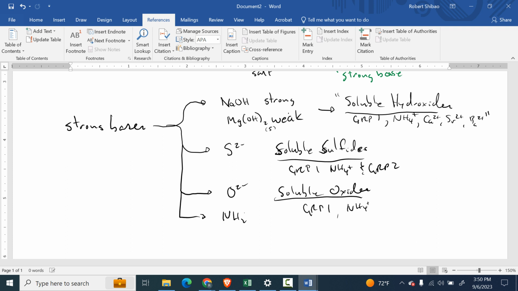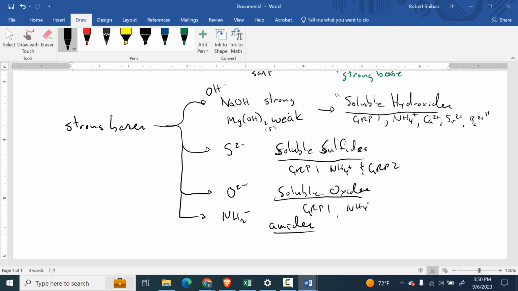Amides are NH2 with a negative charge. Amides in general are soluble, so we'll just say amides. And so we have the hydroxides, not all the hydroxides, just the soluble hydroxides. And then we have these other bases here: the sulfides, oxides, amides, etc. There are more.